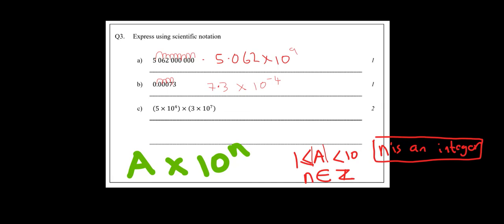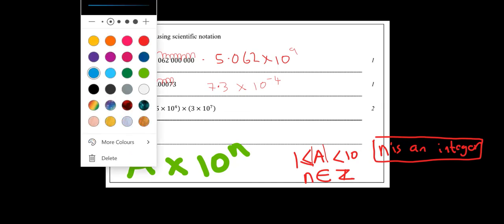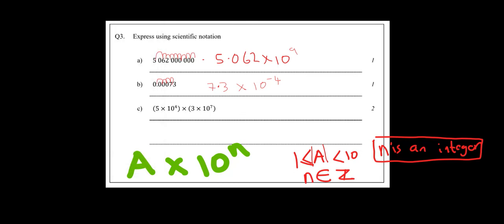And this one's an interesting one. So that is just simply 5 times 3 multiplied by 10 to the 4 multiplied by 10 to the 7. So this gives us 15 times 10.